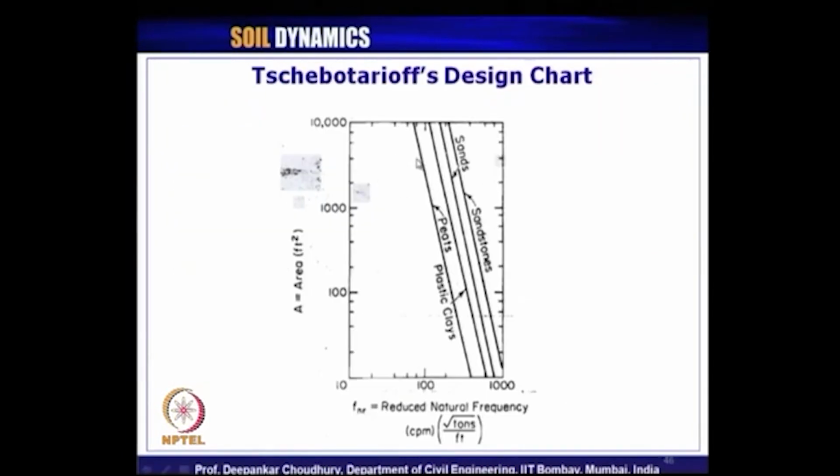Now, for different soils, Tschebotarioff has given this chart. For sandstone this line, for sands this line, for plastic clay this line, for peats this line. So, depending on the nature of your soil, you can select which line has to be used.